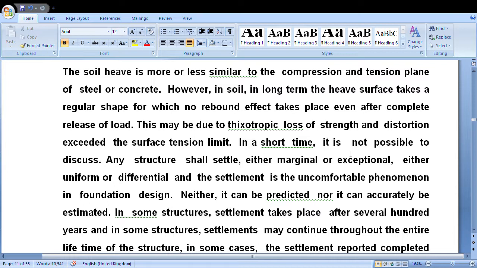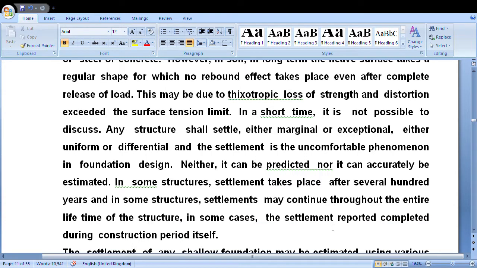Neither can it be predicted nor accurately estimated. In some structures, settlement takes place after several hundred years. In some structures, settlement may continue throughout the entire lifetime of the structure. In some cases, settlement is reported completed during the construction period itself.